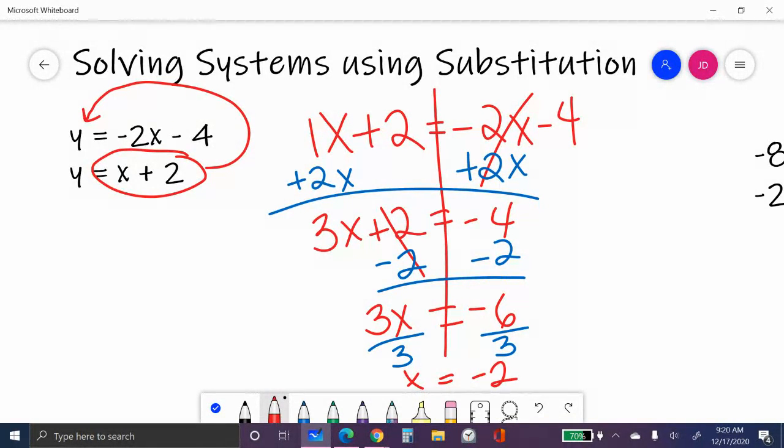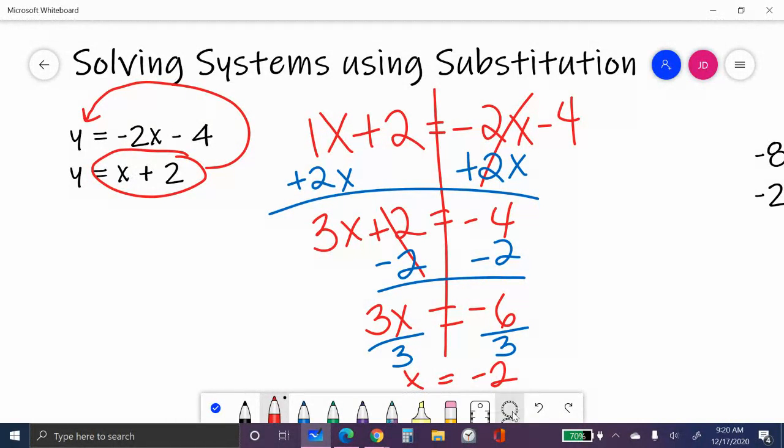Now, usually when we solve an equation, that's like when we get the variable by itself, we're done, right? But remember, with systems, we have to also solve for the y value, okay? Because when you're solving systems, and we did this graphically, it's basically we're seeing where two lines intersect. So we need the coordinates. So we have the x value of the coordinates. Now we need the y value.